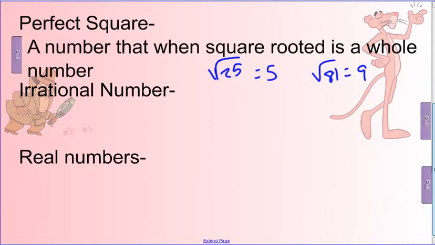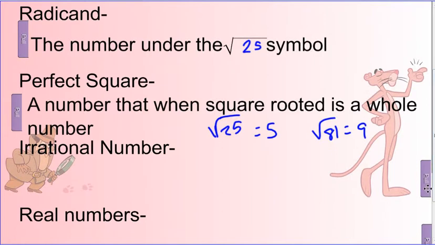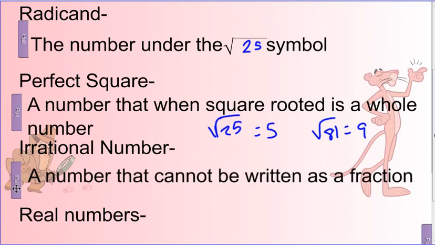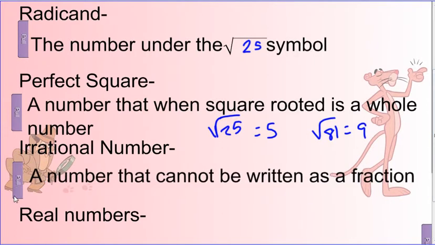Got 2 more. All right. Irrational number. An irrational number is a number that cannot be written as a fraction. And when we get down to it, we'll talk about it a little bit more, but let me give you a little preview. There's 2 ways a number can be written as a fraction.